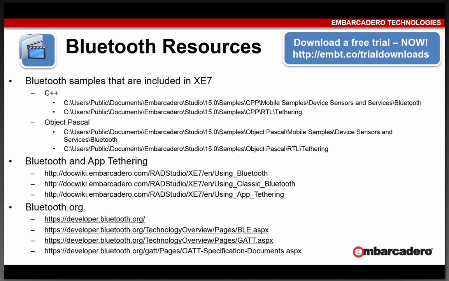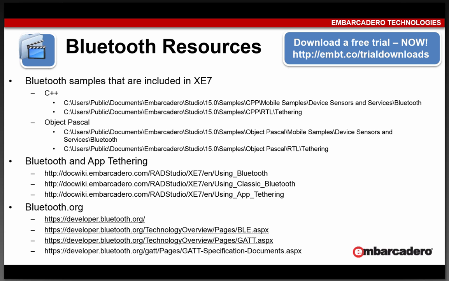The samples that I showed you are included in XE7, both the C++ and the Object Pascal versions. You'll find them in the directories that I show, mobile samples, device sensors and services, Bluetooth, and in the RTL tethering. Additional information is available on the doc wiki using Bluetooth, using classic Bluetooth and app tethering.